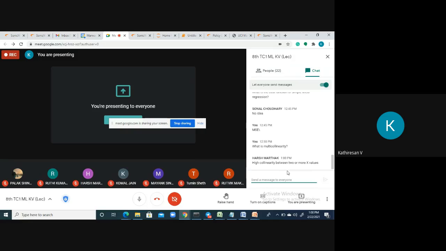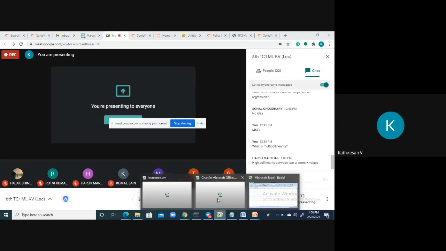High collinearity between two or more x values. Okay, Harsh is telling high collinearity between two or more x values. Good, thank you.